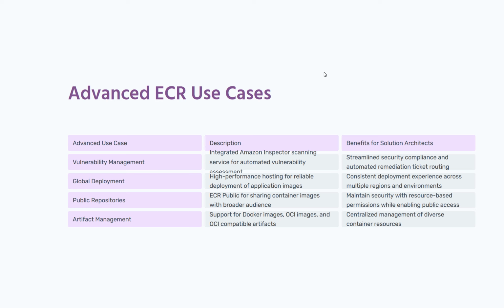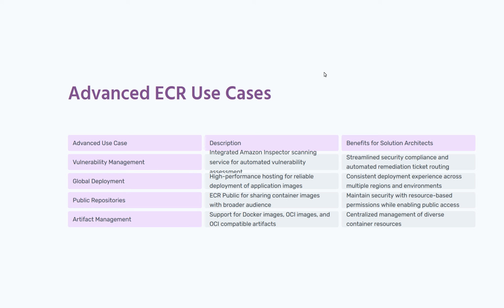Second, global deployment: high-performance hosting for reliable deployment of application images, with a consistent deployment experience across multiple regions and environments. Third, public repositories: ECR Public for sharing container images with a broader audience, not only your organization but others too, publicly accessible, while maintaining security with resource-based permissions.